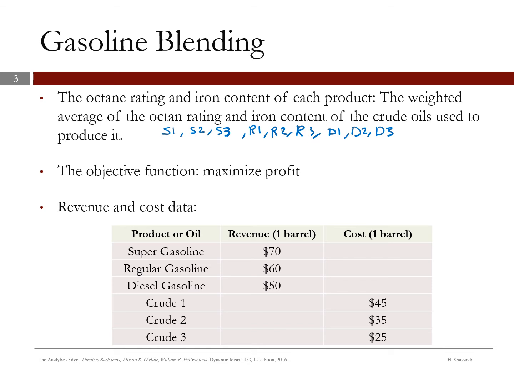So for the constraints, the first constraint would be having an equation for making sure that we are meeting the standards of octane rating and iron contents.